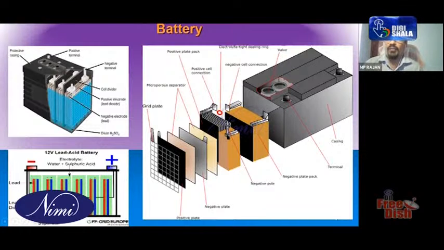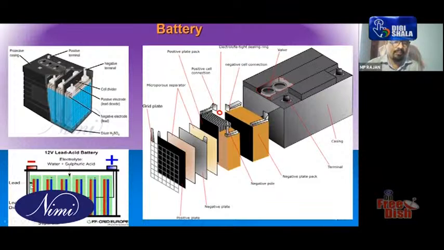If you measure the voltage between these two poles, you can see the 2 poles. So like this, 6 cells are given inside the battery. Inside a battery there will be 6 cells. All the 6 cells are connected in series.